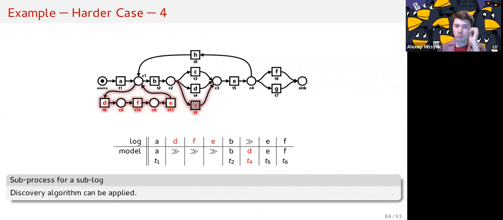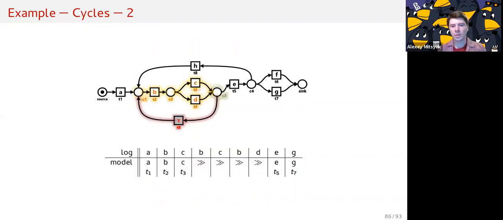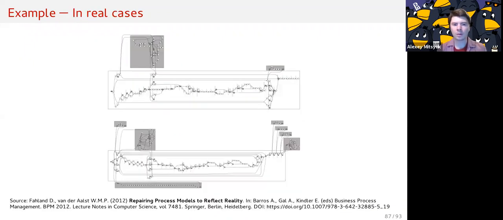Then their method is able to add subprocesses. It is also possible to add cycles, and in this picture the authors show how all this looks in real life. So these subprocesses can be relatively large.